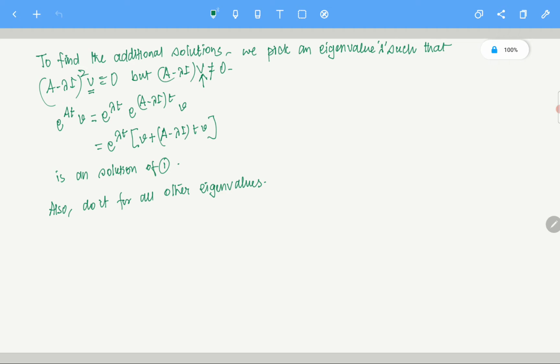Let's just assume there is such a v. Then e to the power At times v can be written as e to the power lambda t times (v plus t times (A minus lambda I) v). That is also going to be a solution.